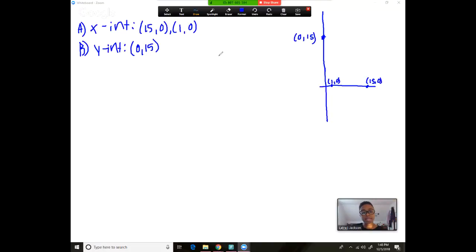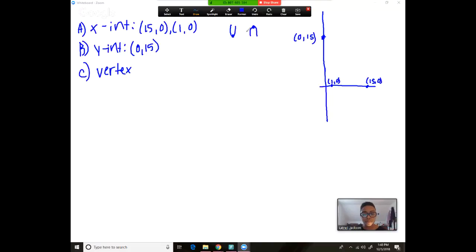Okay, let's look at part C. C is where we need to find the vertex. What is the vertex? Like I said, this is a parabola. The vertex is always the minimum point on the positive parabola, or the maximum point on the negative parabola.